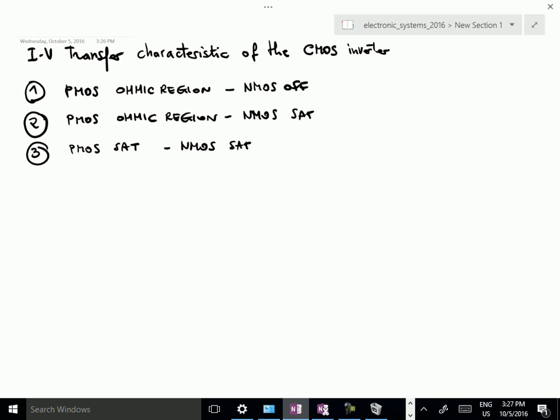Okay, now in this situation we can use the small circuit model and compute the variation of the output voltage as a function of the variation of the input voltage. Let's do it. This is the input voltage.